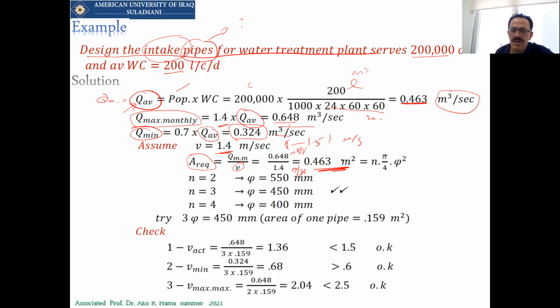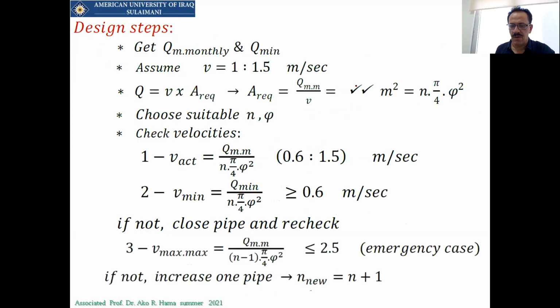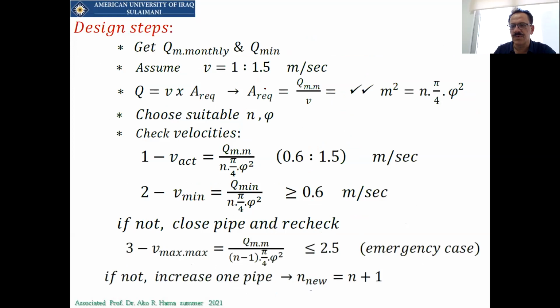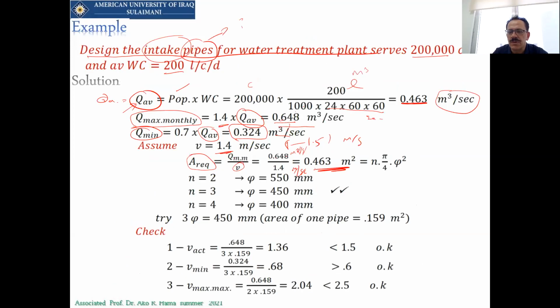0.463 meter square is the area needed for the water to come through. This is the whole area of the whole pipes.